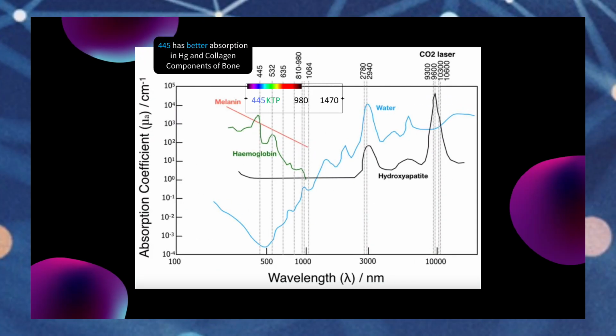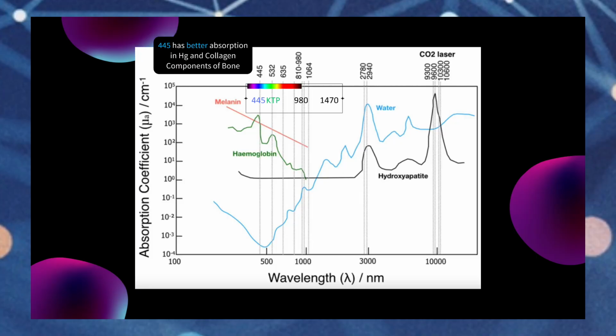Now, as far as the benefits of 445 or blue laser, compared to the others, it is better absorbed in the hemoglobin, and it also has better absorption within collagen matrices.